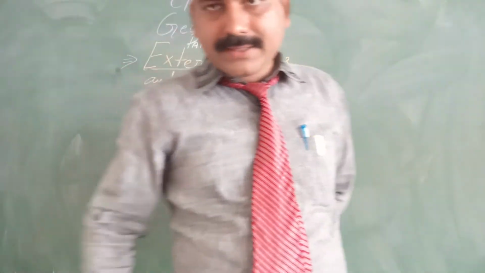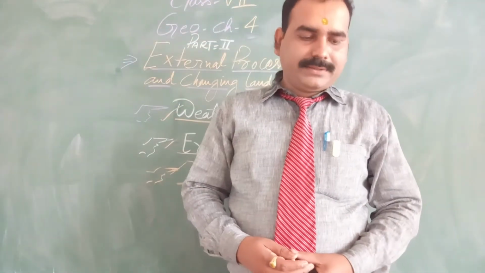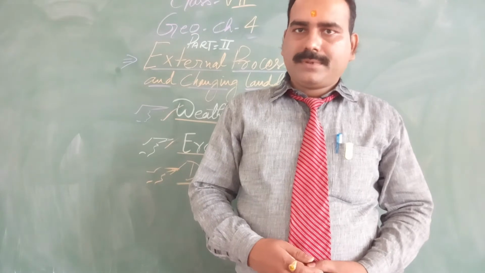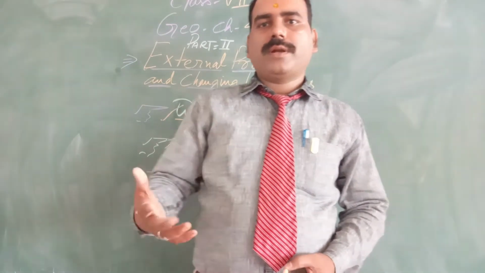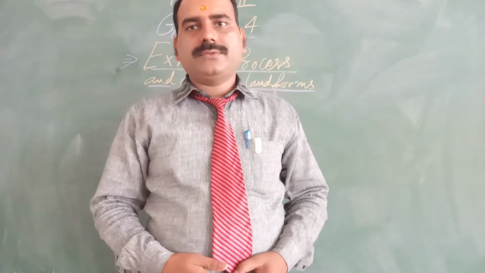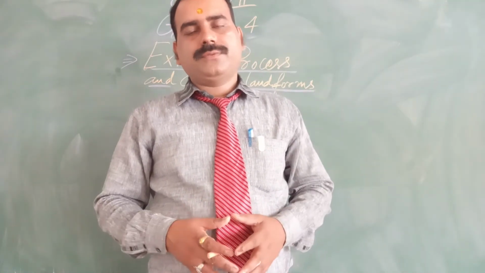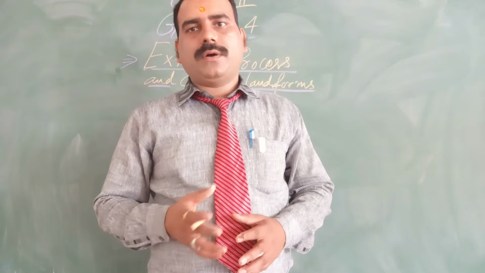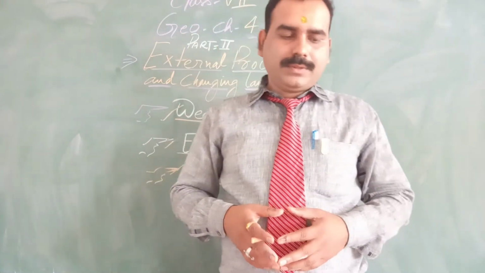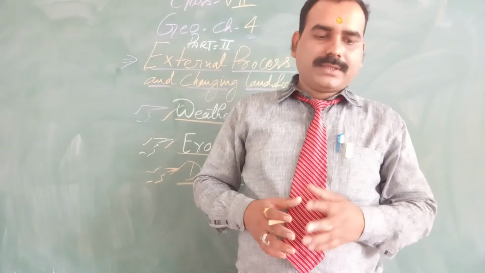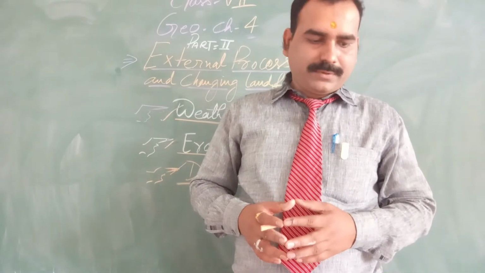So let's start. Before starting to explain more about the chapter, I would like to give a quick review of what I taught all of you in the previous video, part 1 of external process and changing landforms.